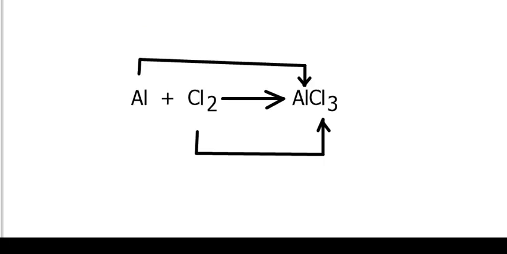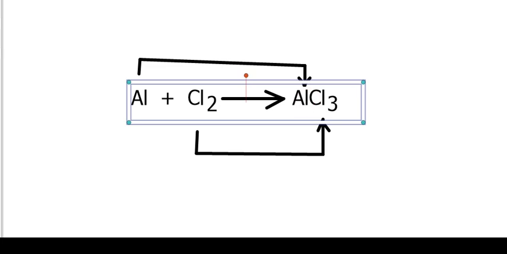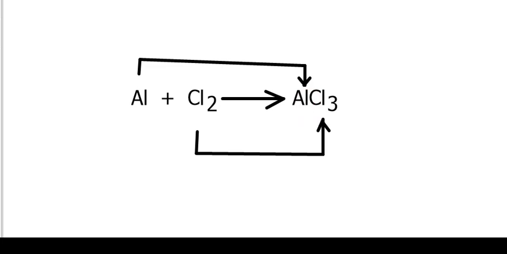In this reaction between aluminum and the chlorine molecule to produce aluminum chloride, aluminum on the reactant side has a charge of 0. Chlorine on the reactant side has a charge of 0, as both aluminum and chlorine are uncombined.